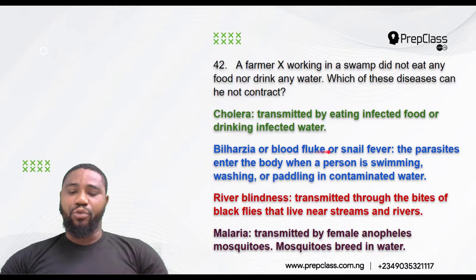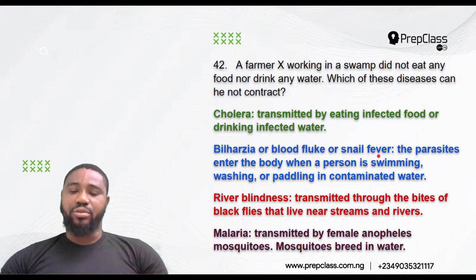bilharzia is a blood fluke. That blood fluke is transmitted by, it is just like a kind of parasite transmitted by water snail. So we usually call it snail fever. So the parasites enter the body when a person is swimming, washing, or paddling in contaminated water.